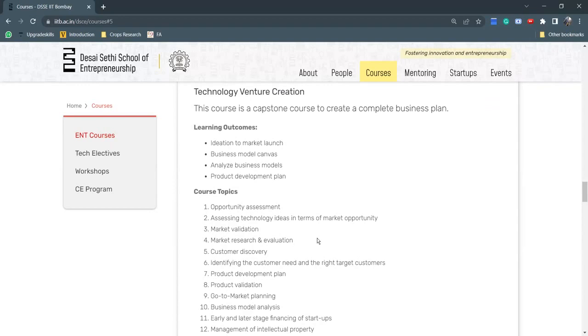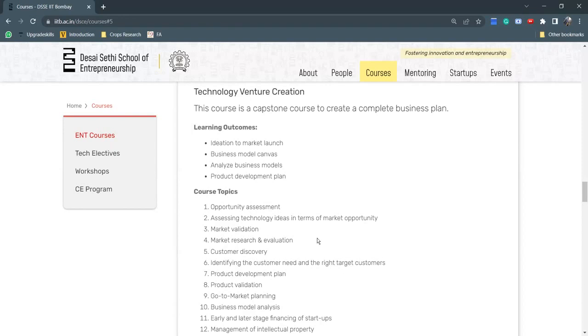Next is technology venture creation. This is the capstone course where you have to build your business plan. Let me tell you how a business plan is different from a marketing and finance plan. In a business plan, you have to note down all your future business from scratch: what would be your revenue streams, who are the specific customers you have to target, what is your idea of market launch, how to launch your product in the market, what is your business model canvas.